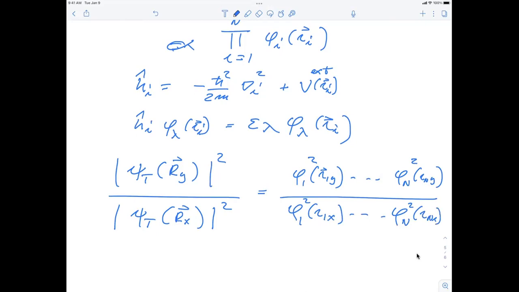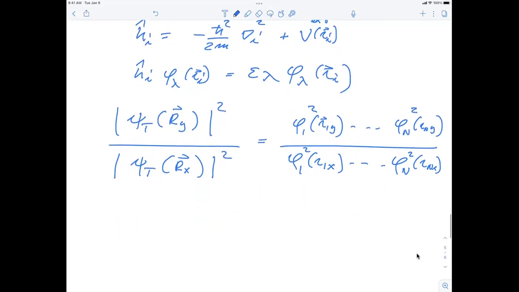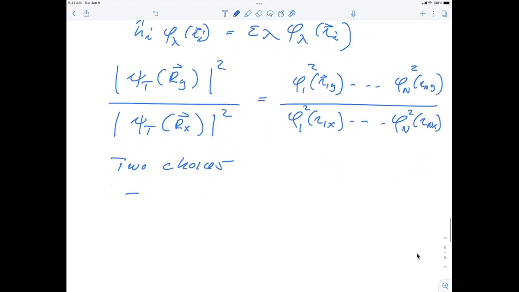Now, if you look at this ratio here, we could choose whether we want to move all particles and perform the Metropolis test. So we have two choices here. One, move all particles. All particles are in the position R of x, and then we change the position of all the particles and perform the Metropolis test.